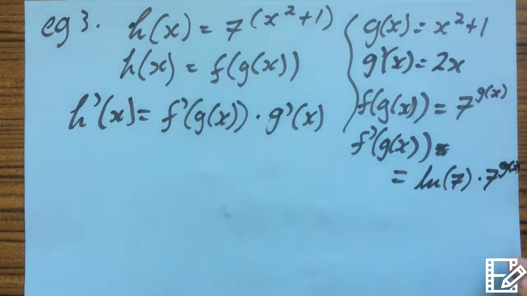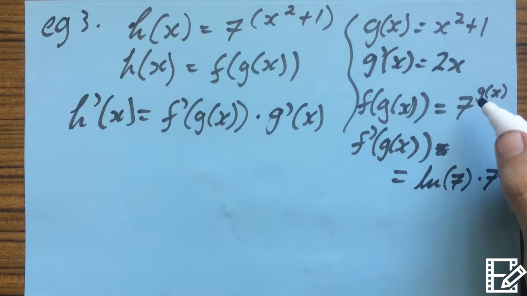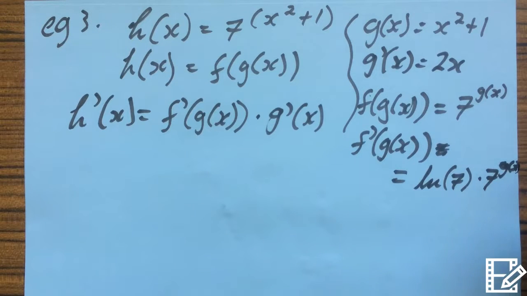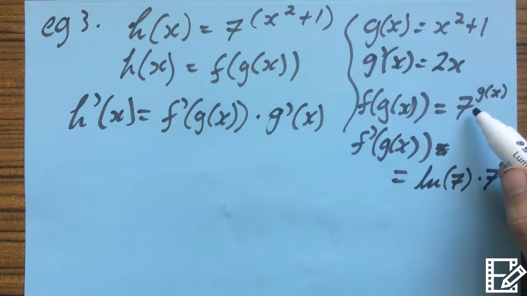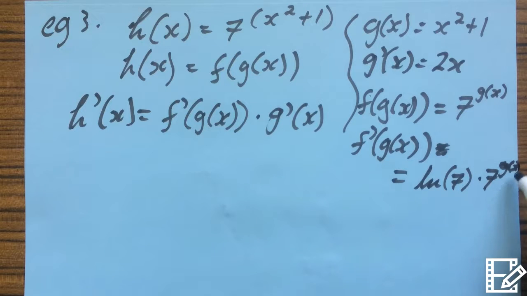Same as what I did before, you leave 7 to the power of g(x) the same, and you multiply that by ln of 7.